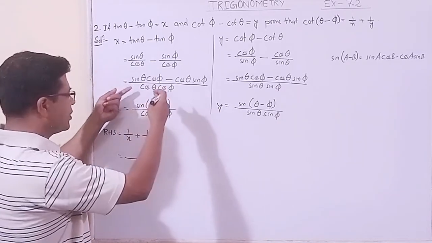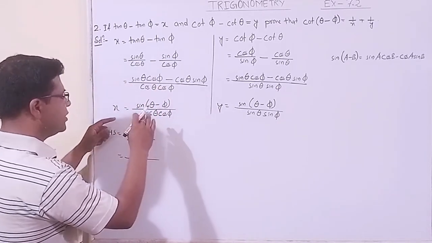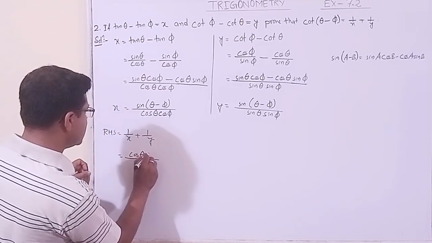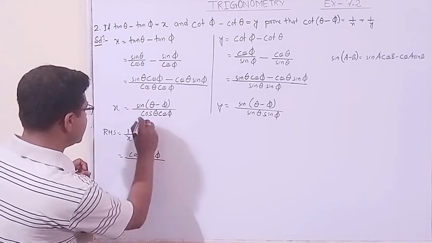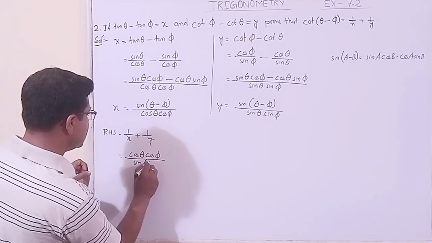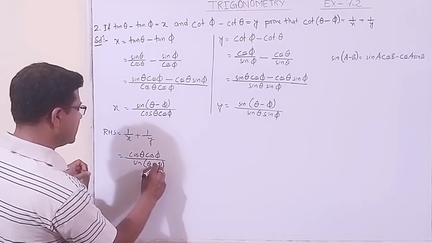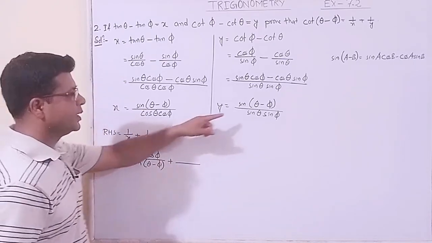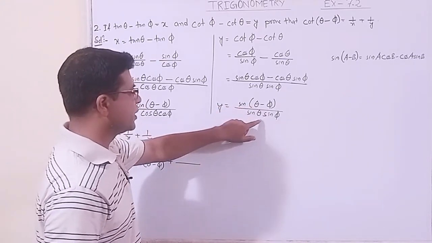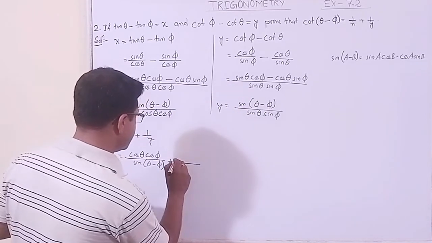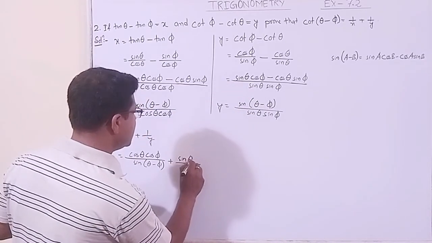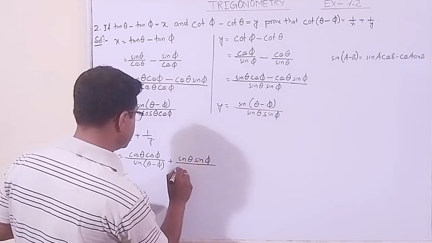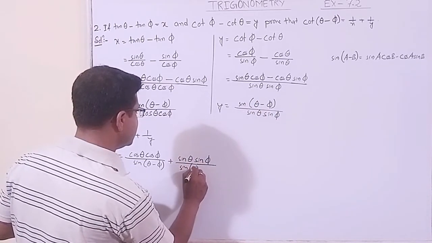We have to take the reciprocal, that means numerator and denominator will be interchanged: cos theta cos phi divided by sin of theta minus phi. Done? Then plus 1 by y, again here we have to take the reciprocal, so this will go to the numerator: sin theta sin phi divided by sin of theta minus phi.